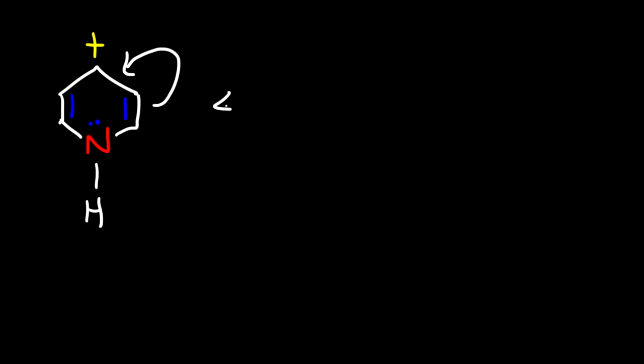Now for the last example, the reason why this is the most stable situation is because we can put the positive charge on the nitrogen atom as opposed to a carbon atom. First I'm going to take this double bond, move it here. This will give me one of the many resonance structures that I can draw.